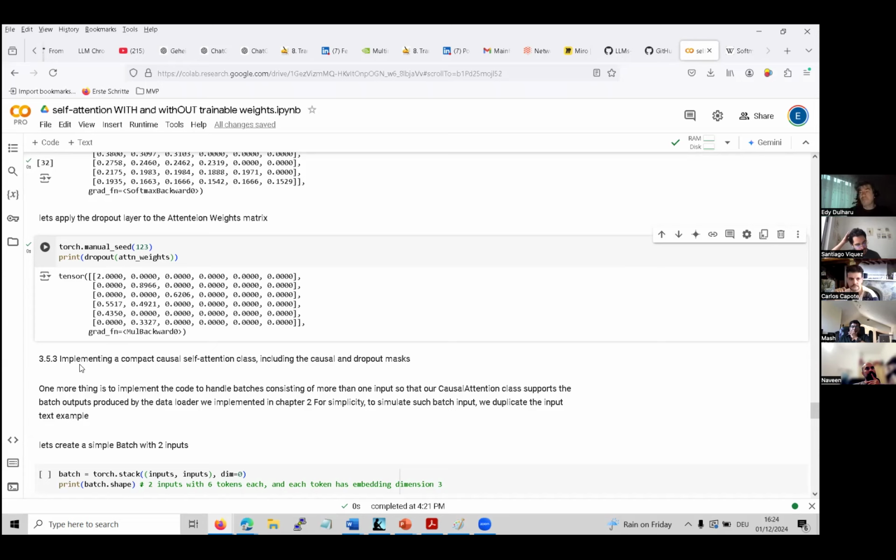So I'm curious why it would be in the inference part of the code. But maybe we can discuss that when looking at that specific chapter, because dropouts are used only when training, generally. Okay, that makes more sense to me.